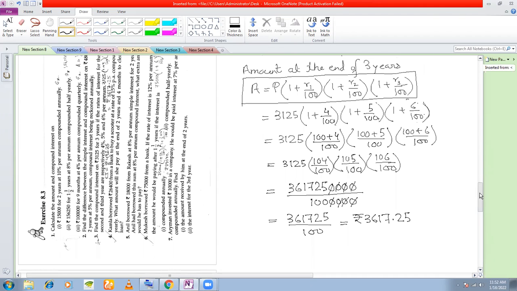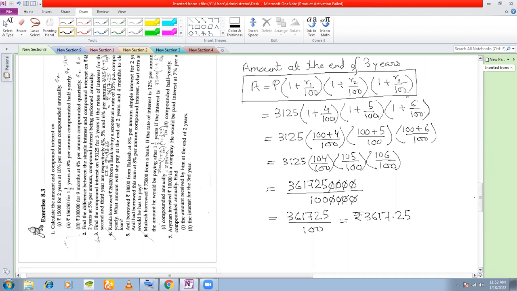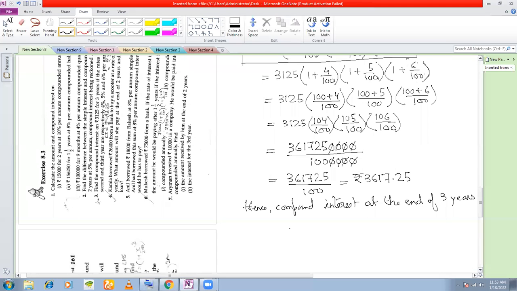Okay. And in the question they have asked you what should be the compound interest. So therefore, hence compound interest at the end of 3 years, CI, is amount minus principal.